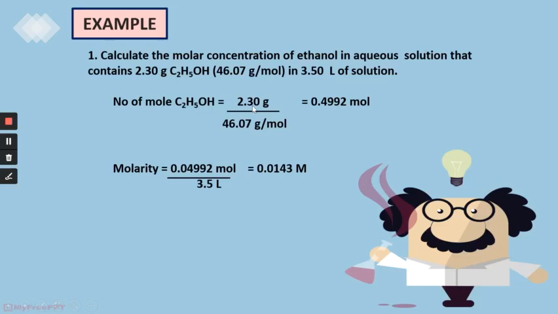The information given is the mass of ethanol, 2.030 gram, and the molar mass, 46.02 gram per mole. So you cancel out the gram and gram, and you will get the mole. So the answer is 0.04992. Sorry, please make a correction for this.